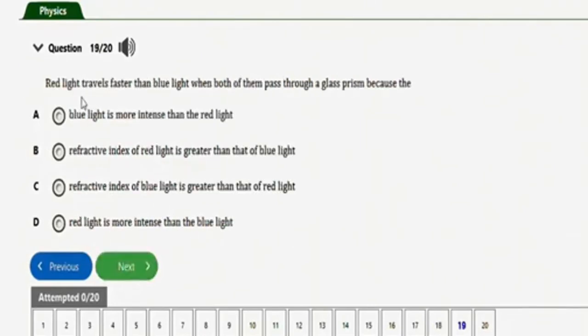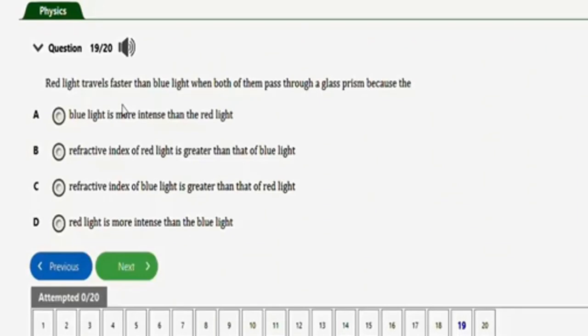Next question will be this one. It says red light travels faster than blue light when both of them pass through a glass prism because the blue light is more intense than the red light, the refractive index of red light is greater than that of blue light, the refractive index of blue light is greater than that of red light, or red light is more intense than the blue light.